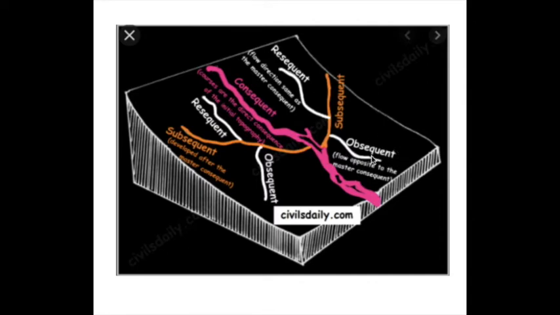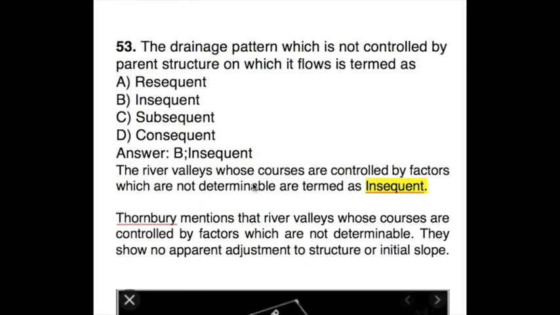And obsequent is just opposite to resequent, meaning the direction of the obsequent river is opposite to the main river, that is consequent. So the obsequent meets at 90 degrees with subsequent, at right angle and in the opposite direction of consequent, is called obsequent. And what is insequent? Which is not determined by the feature of the slope or the area or geographical features, that is insequent.